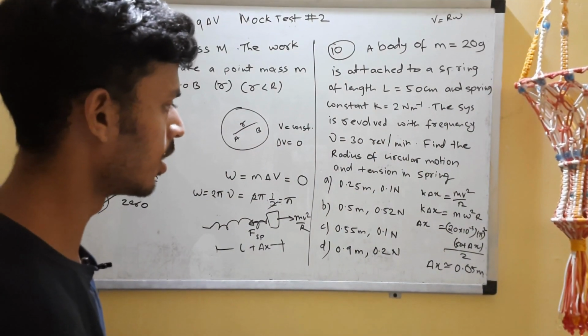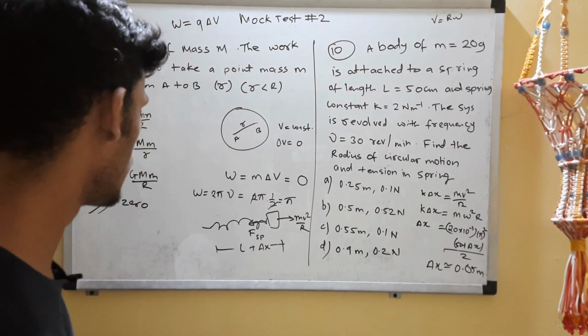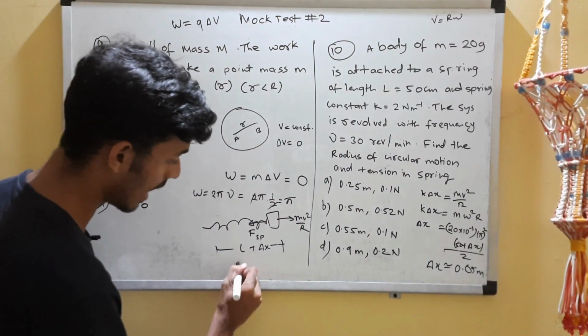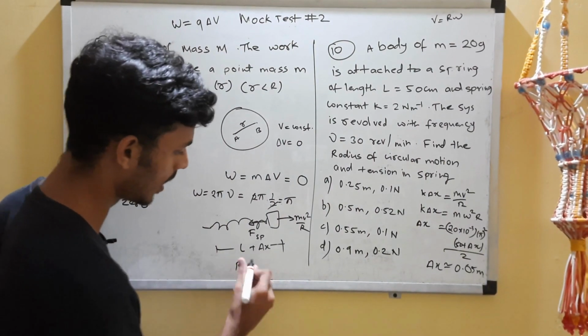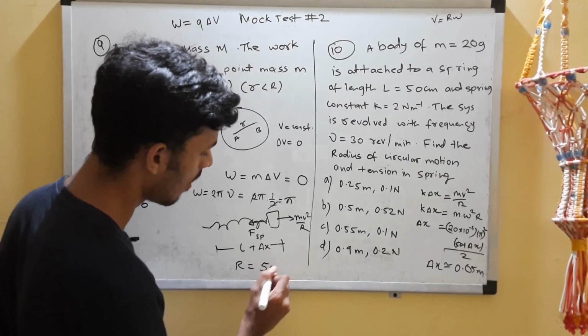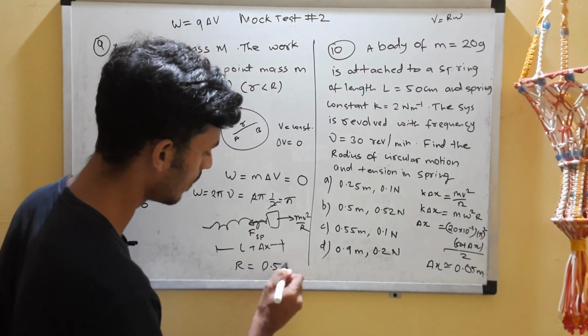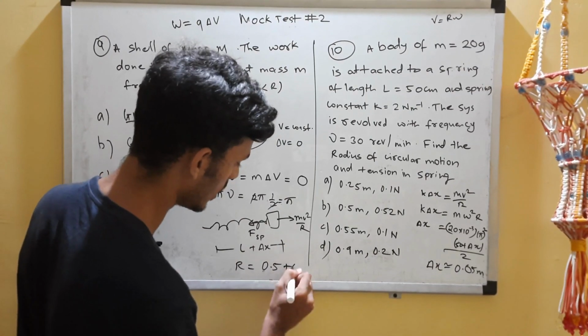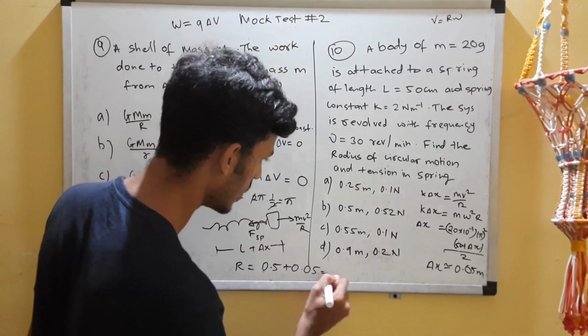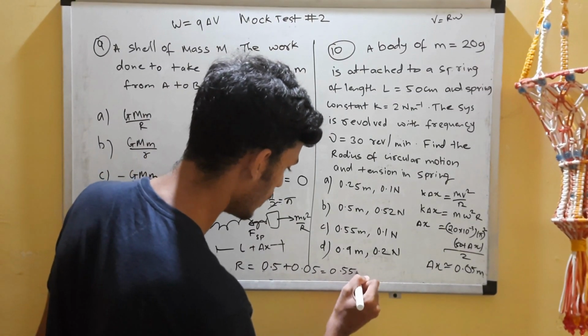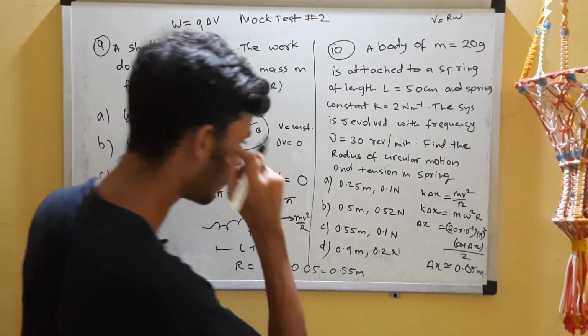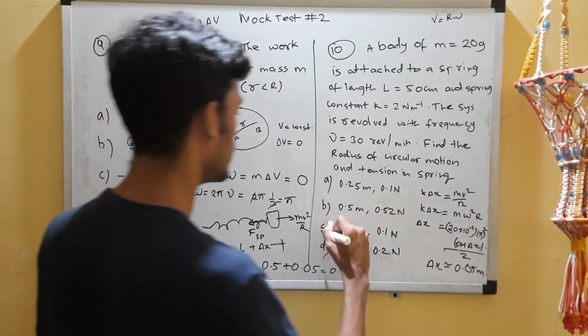Okay, now what is your radius? Your radius is L plus delta x. Remember that. L is 50 centimeters, or you can convert that to meters, that will be 0.5 meters, plus delta x, 0.05, that is 0.55 meters. So here we have 0.55 meters, and that should be the correct answer.